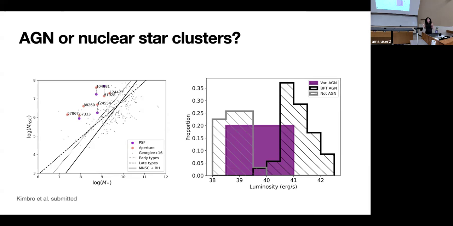So these variability selected AGN might just be fainter black holes than the ones that are selected through optical spectroscopy. So these were 2 really interesting studies that were follow-up on that larger sample of variable black holes in dwarf galaxies.